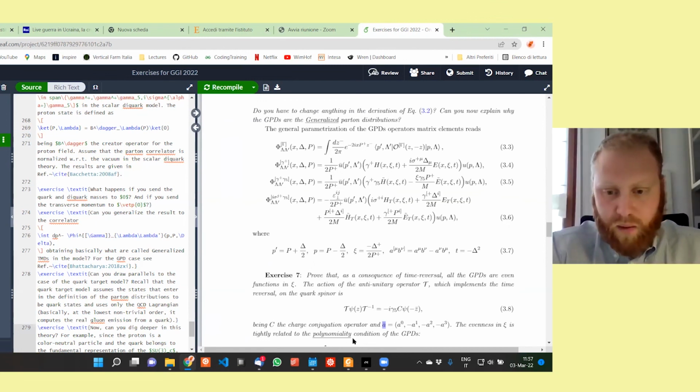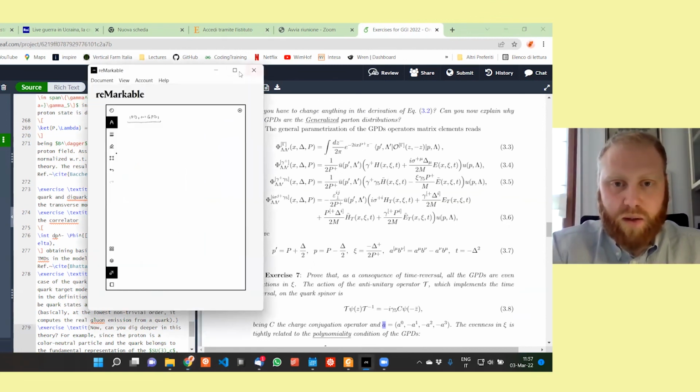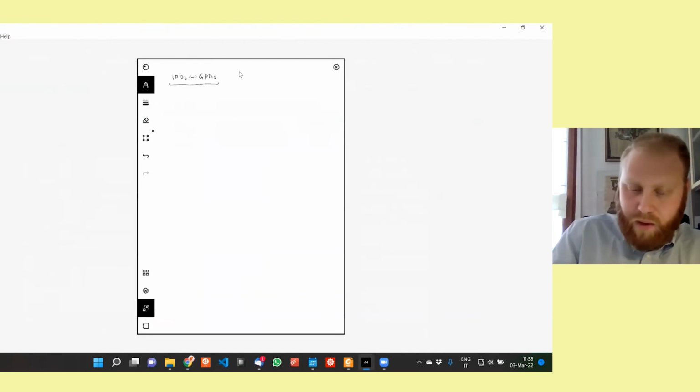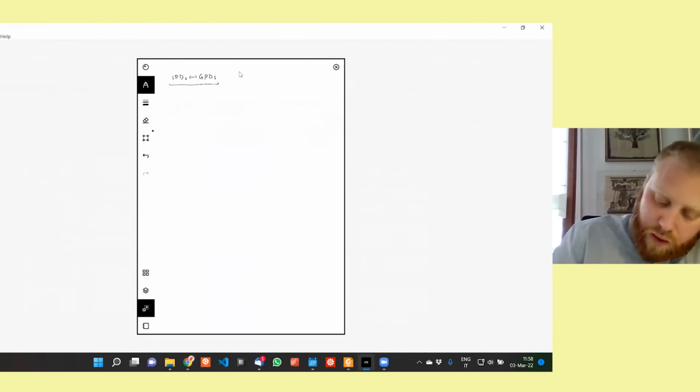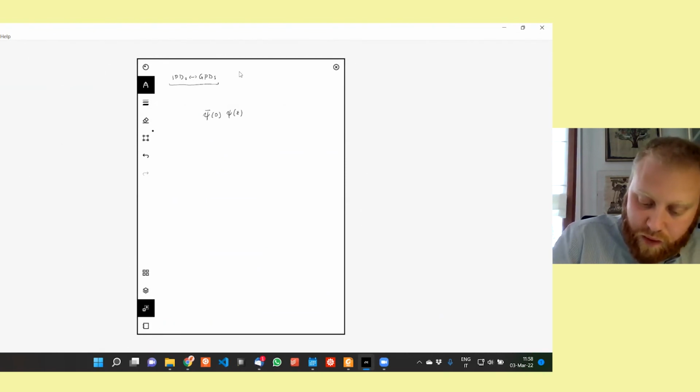I mean, I'm not completely sure I understand your question, so just let me. So you're asking if, let's say that we have this operator, psi of 0, psi of z, whatever, the gauge link in between, the Fourier transform, and the matrix element, right? This is P prime, this is P, right?